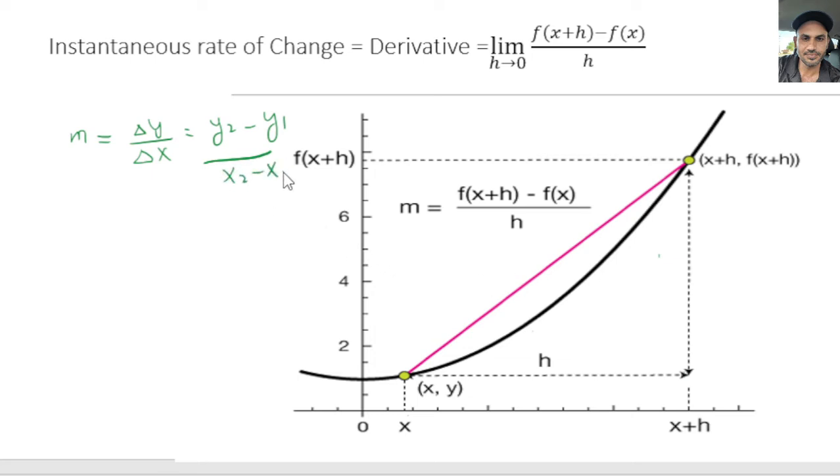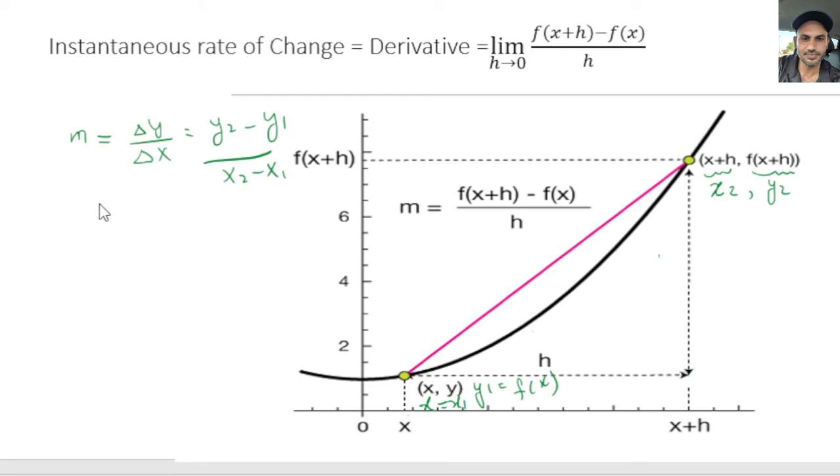Let me mark the points. x plus h is x2, and f of x plus h is the y value, y2. f of x is y1, the function value at x. And x is going to be our x1.